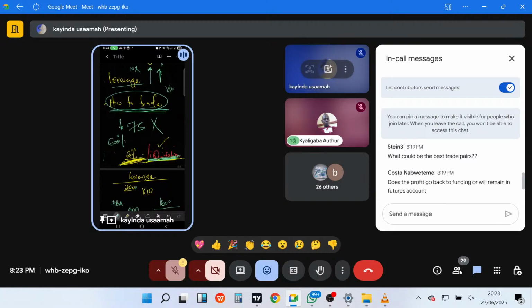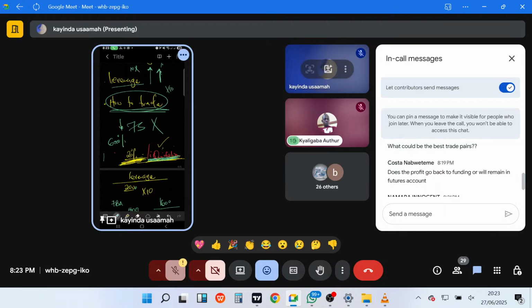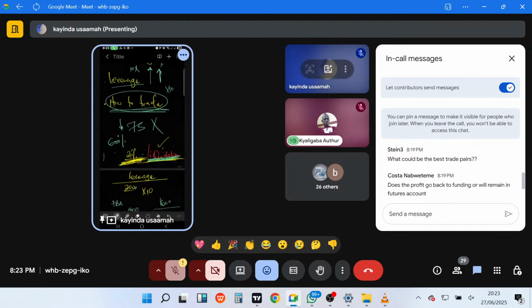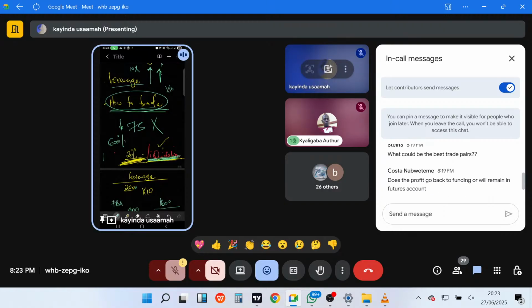Spain is asking what could be the best trading pairs. By the way, the best trading pairs should be coins with a high market cap: BNB, Ethereum, ADA, those ones. If possible, avoid meme coins unless you have hard facts, like that of the youth from Kenya, because meme coins out of the blue were liquidated.